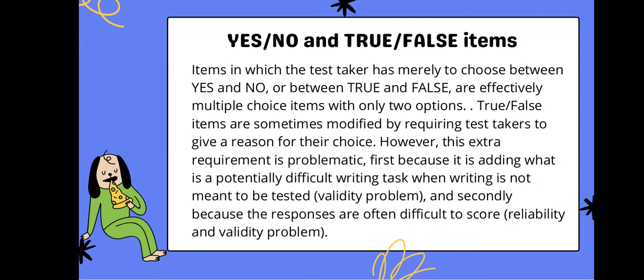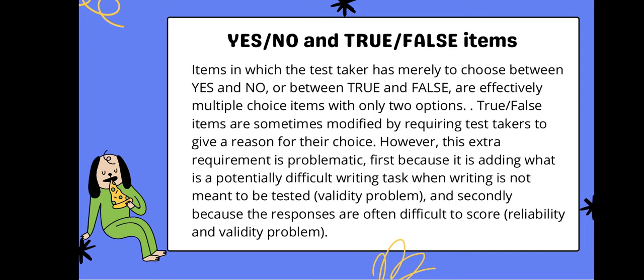Yes/no and true/false items. Items in which the test taker has merely to choose between yes and no, or between true and false, are effectively multiple choice items with only two options. Items are sometimes modified by requiring test takers to give a reason for their choice.